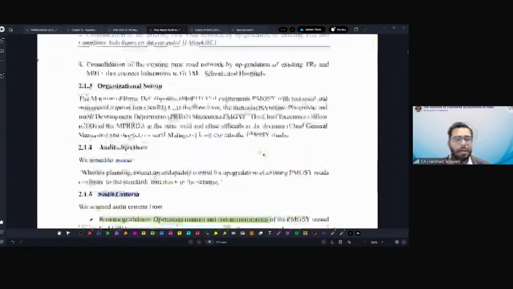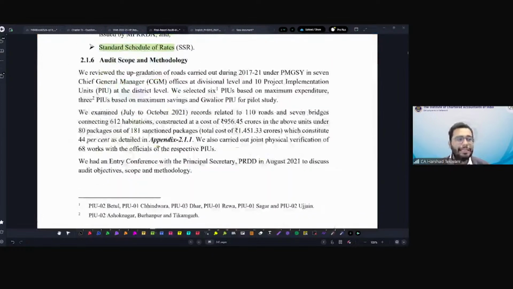So similarly, I will decide my audit scope and methodology. Basically, what I need to audit now. What is my plan? Audit scope and methodology. So they might take 10 projects implementation, 6 PIU based on maximum expenditure. Selection of 6 PIUs.